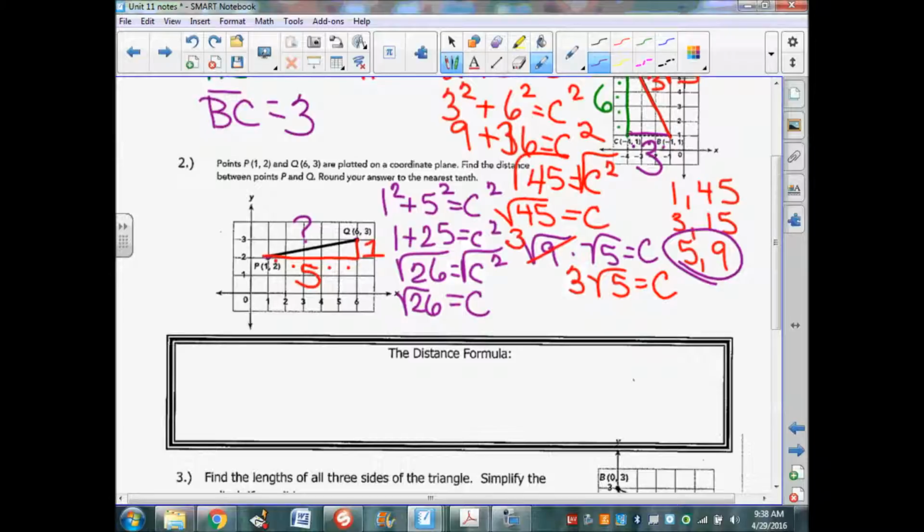Square root of 26 is the distance between points P and Q. Square root of 26 cannot be simplified. There's no perfect square factors in it. Oh, it says the nearest tenth. I lied. So let's go to our calculators. Square root of 26.